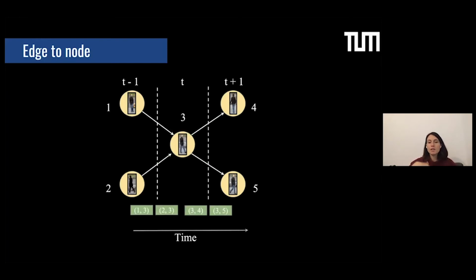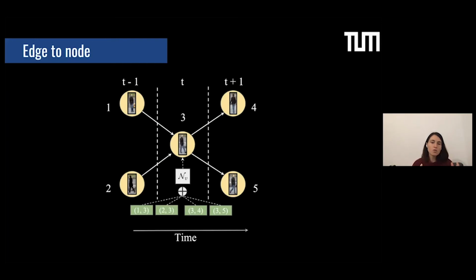This information is aggregated through an operation, and then a tiny neural network updates the node embedding. But what we have here, and that is really specific for this problem, is that the nodes at time t+1 and the nodes at time t-1 are not really the same, right?